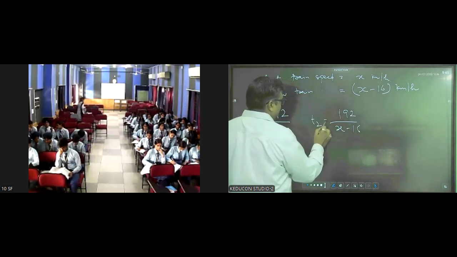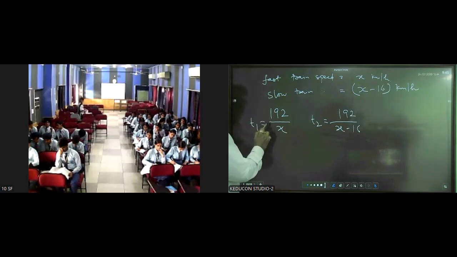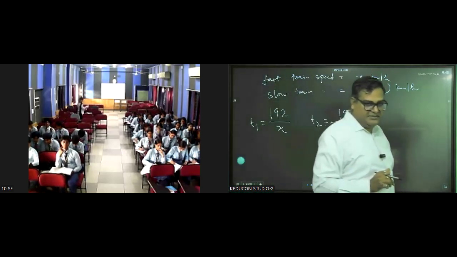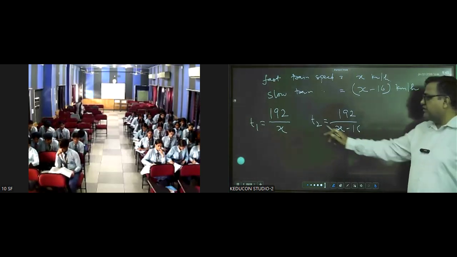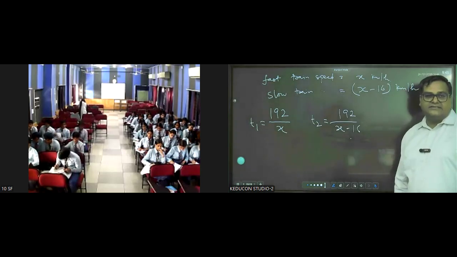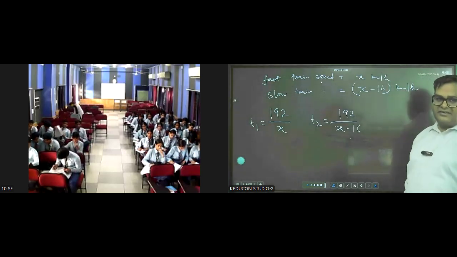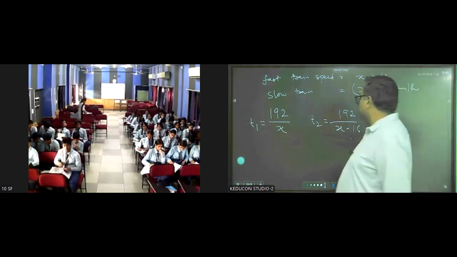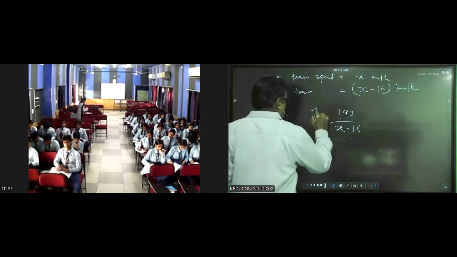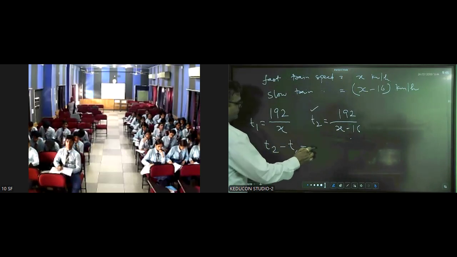Let's say this is T2, this is T1. Now, what will be the equation? Please tell me. This time is greater or that time is greater? T2 greater than T1 or T1 greater than T2? बच्चे जो स्लो स्पीड है ये वाला टाइम ज्यादा होगा ना, सो T2 minus T1 will be equal to 2 hours.